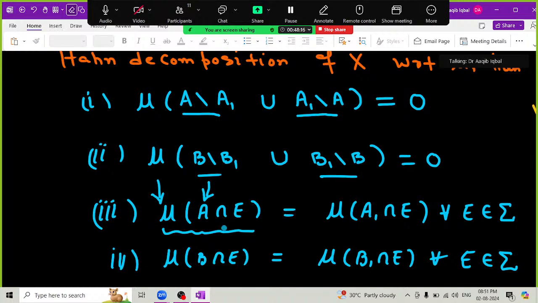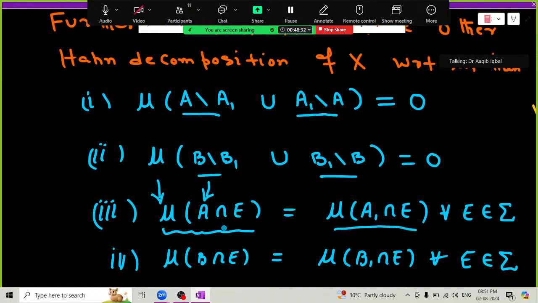So this is precisely the description of the measure which we can create using signed measure mu and this positive set A, which is positive with respect to mu. Okay. What about this? This would be the description of the measure which we can create using positive set A1 and signed measure mu. And this third piece of information in the theorem tells us these two are the same.